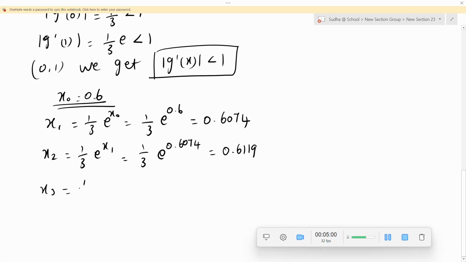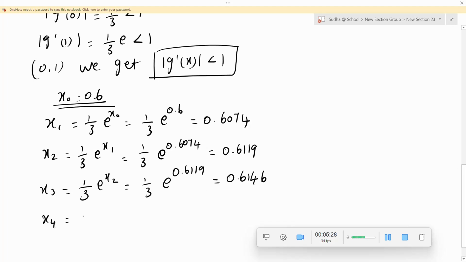So x3 equal to 1 by 3 e to the power x2, the x2 value 0.6119. Simplifying, we get 0.6146.